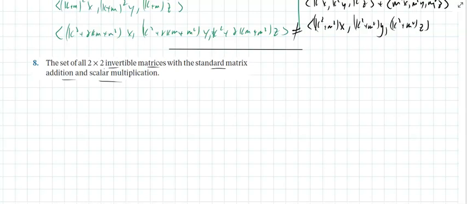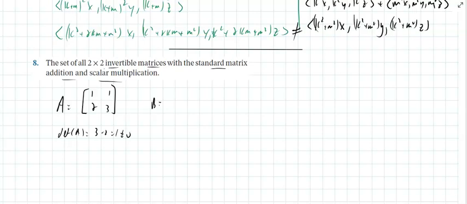So if I take 2 matrices, let's say matrix A, which is 1, 1, 2, 3. The determinant here is 3 minus 2, which is 1, not equal to 0.